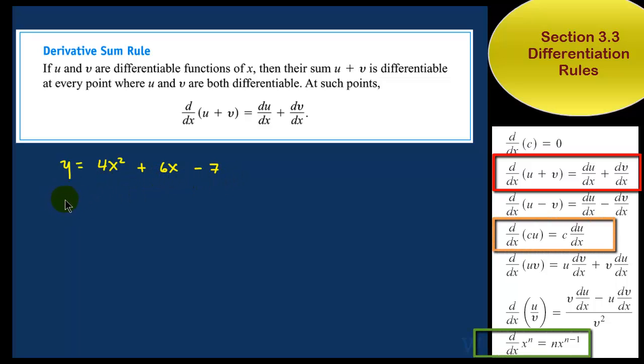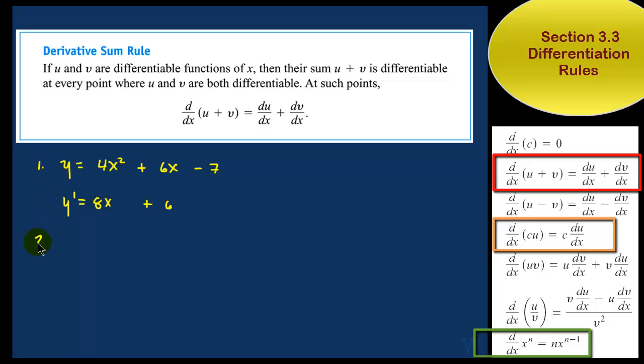And if I apply the sum rule, y prime will just be the sum of the derivative of each term. So the derivative of 4x squared is equal to 8x plus the derivative of 6x is 6, and of course the derivative of negative 7 is 0. So y prime is equal to 8x plus 6.